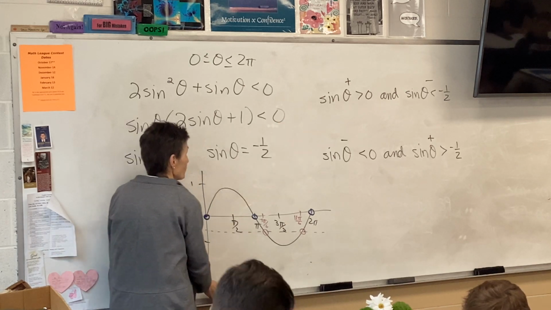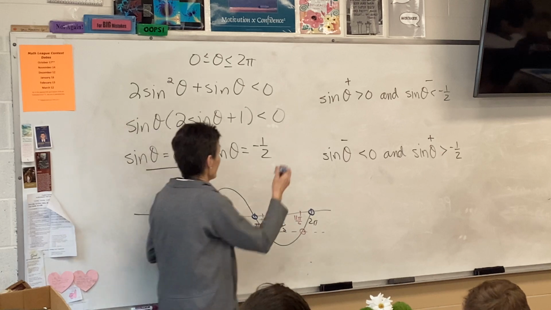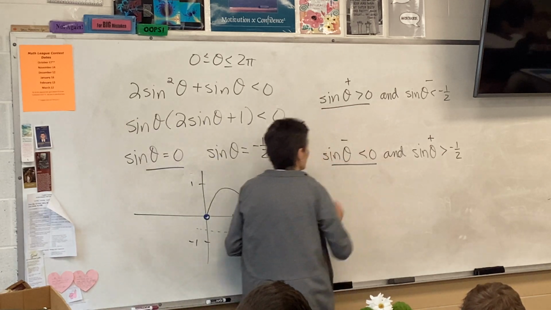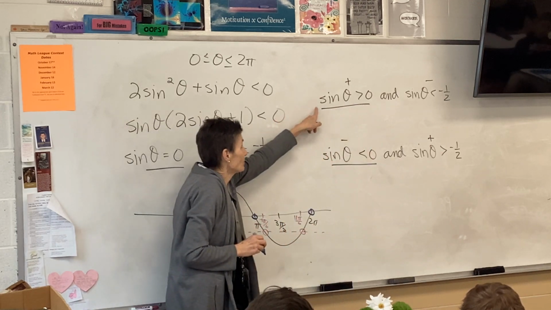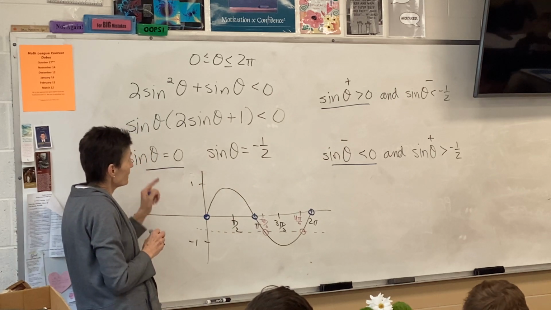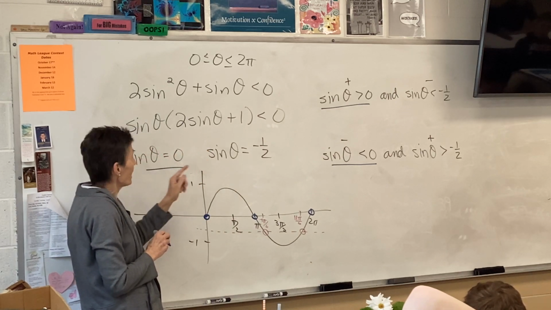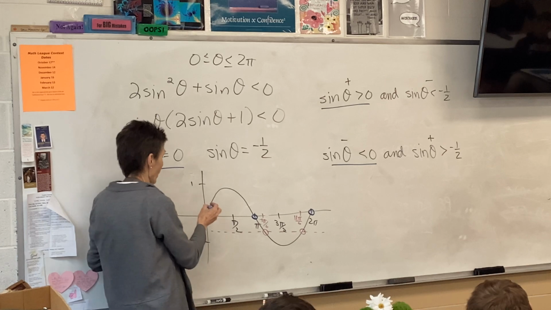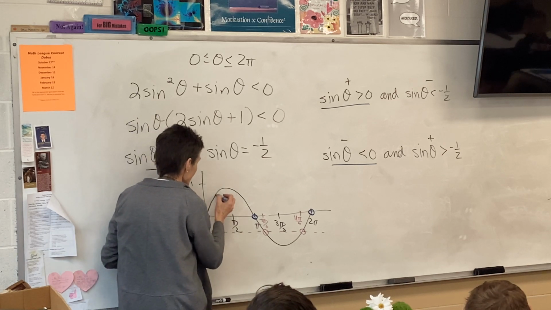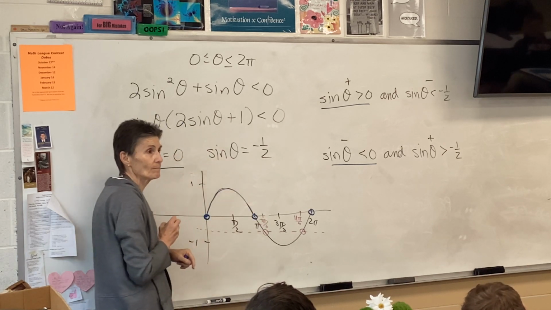Right? Okay, so let's look at our graph. If I'm doing the first one, and I'm doing this one in blue, then the sine has to be bigger than 0. So wouldn't that be just this part right here?